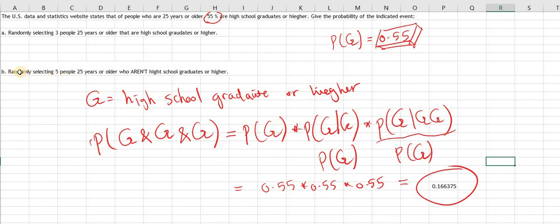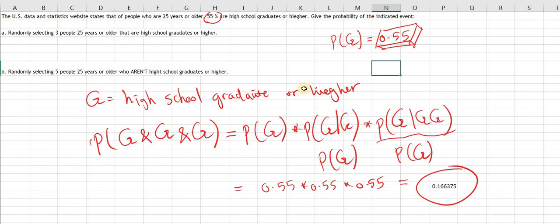The second part of the question: what is the probability of randomly selecting 5 people, 25 years or older, who aren't high school graduates or higher? Since the probability of selecting a high school graduate or higher is 0.55, selecting a person who is not a high school graduate or higher is going to be the complement of this event.